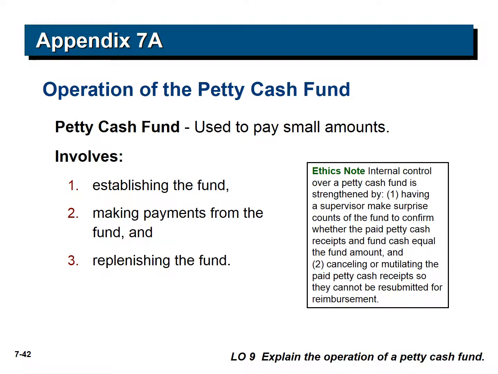Then we have what's called a petty cash fund. We said before that you want to pay almost everything you can with checks or wire transfers, electronic funds transfers, but sometimes you just need some cash around to pay last minute kinds of things, like if you have a delivery that you have to pay for, or if you need some supplies you need to pay cash for, that kind of thing.